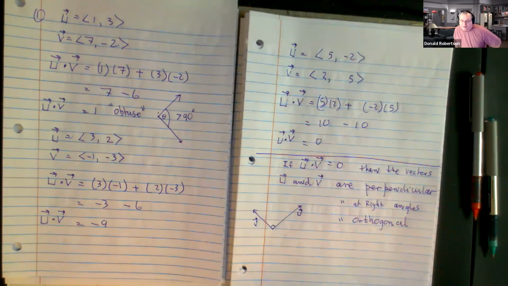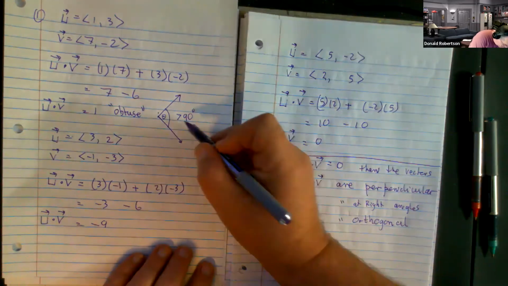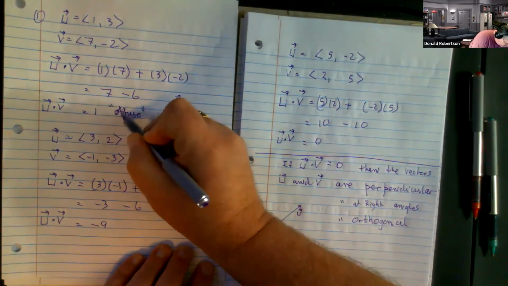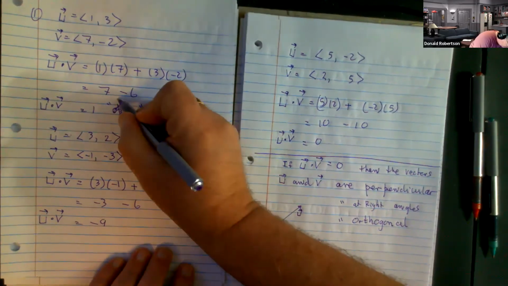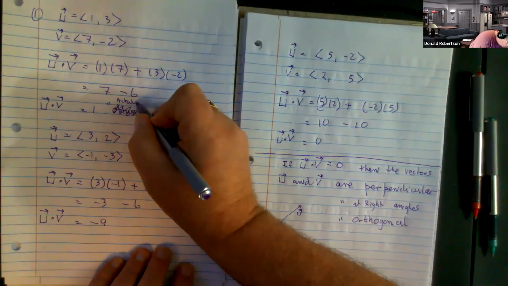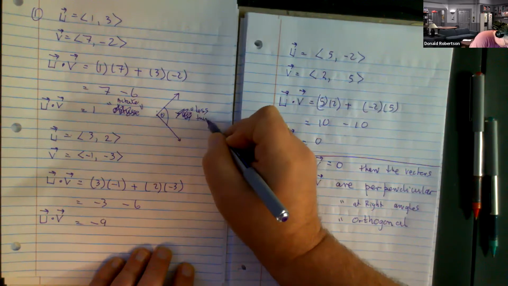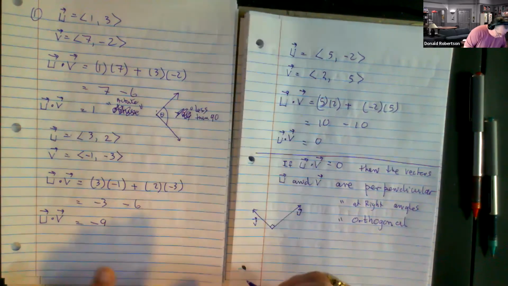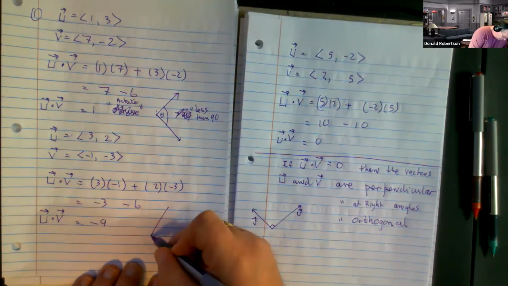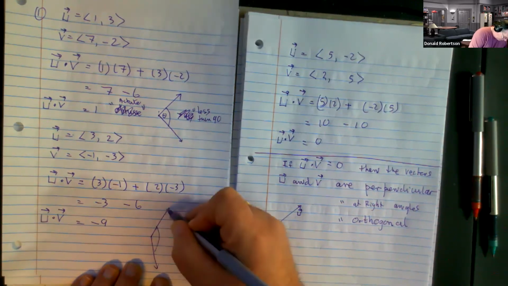I don't know if that looks greater than 90, but it's meant to. And I just got that the wrong way around. They're acute, which means the angle is less than 90. And when it's negative, then I'll make it much more obvious. There we go. That's better.